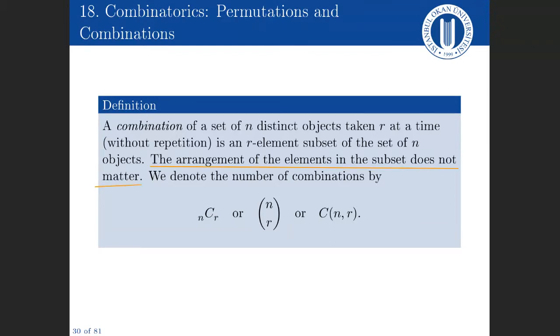When we do combinations, we don't care about what order the objects are arranged in. We have a notation for the number of combinations. We're using nCr in this course. There's 2 other common ways to write it. We could write n over r in brackets, or C(n,r). I'm going to be using the first one, nCr.